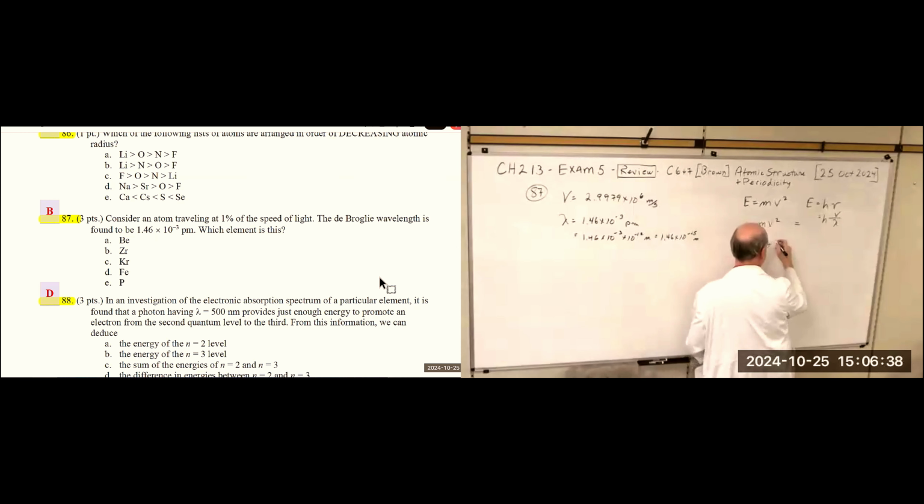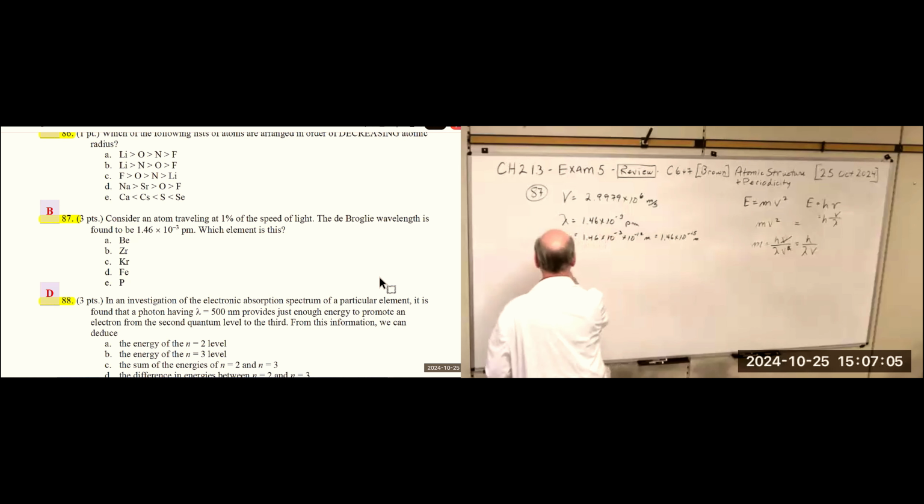Mass equals h velocity over lambda velocity squared. Right? Keep this one here, put this one over there, lambda velocity and h velocity there. So this one cancels, that one's gone. So this is h over lambda velocity.